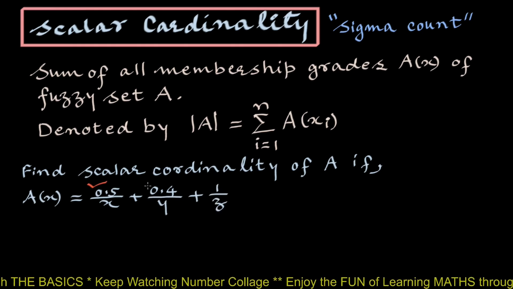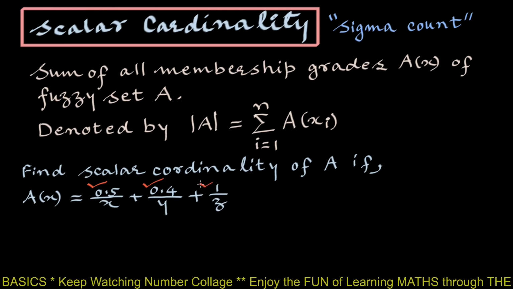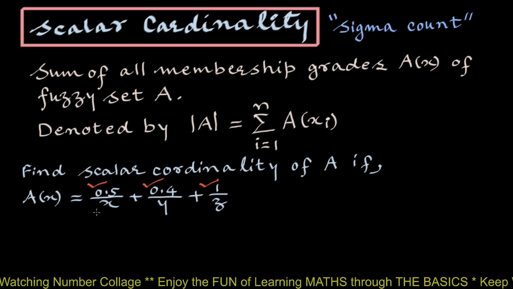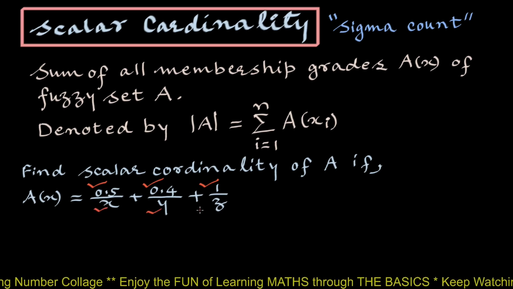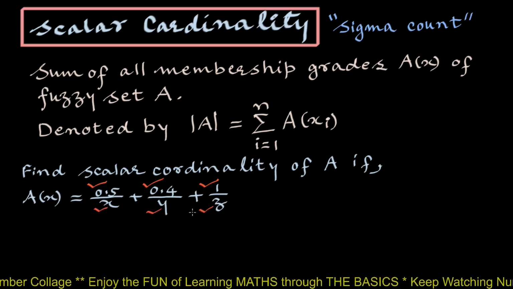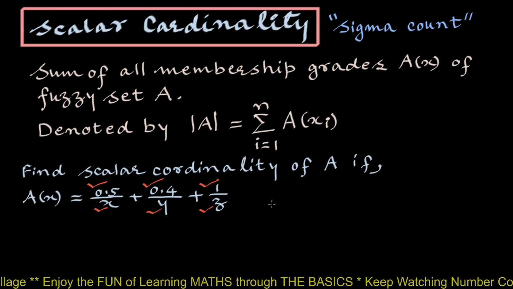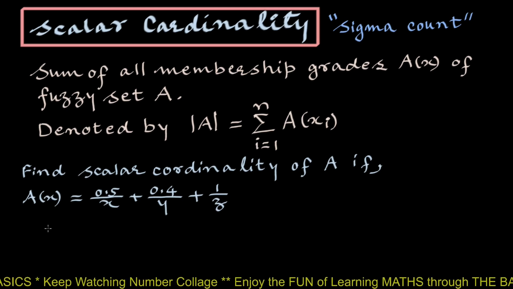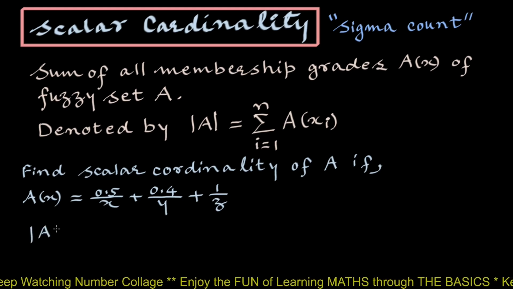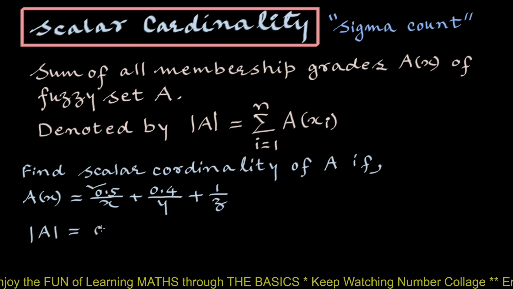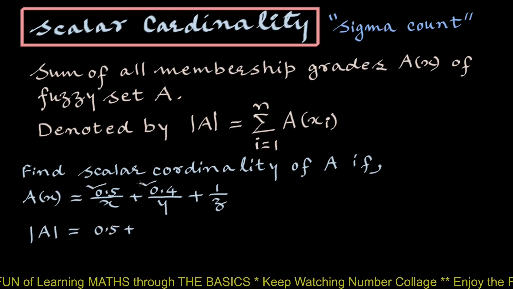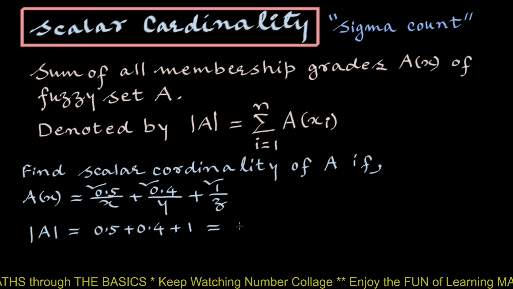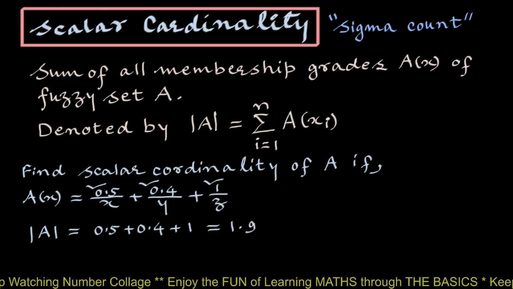Here 0.5, 0.4, 1 are the grades of membership of the elements x, y and z, about which we have discussed in my previous videos on fuzzy sets. So here scalar cardinality modulus A will be 0.5 plus 0.4 plus 1, that will be 1.9.